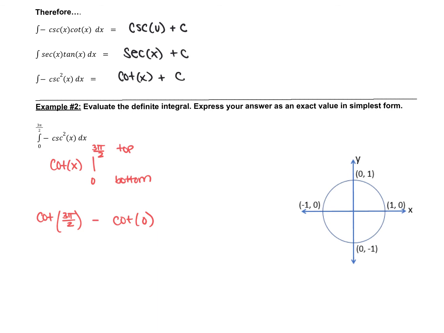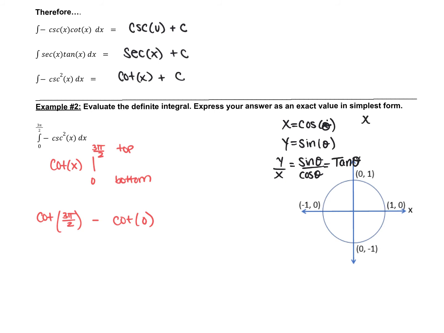So remember on a unit circle that the x value is cos of theta, the y value is sine of theta, y divided by x, or sine divided by cosine, is tangent.